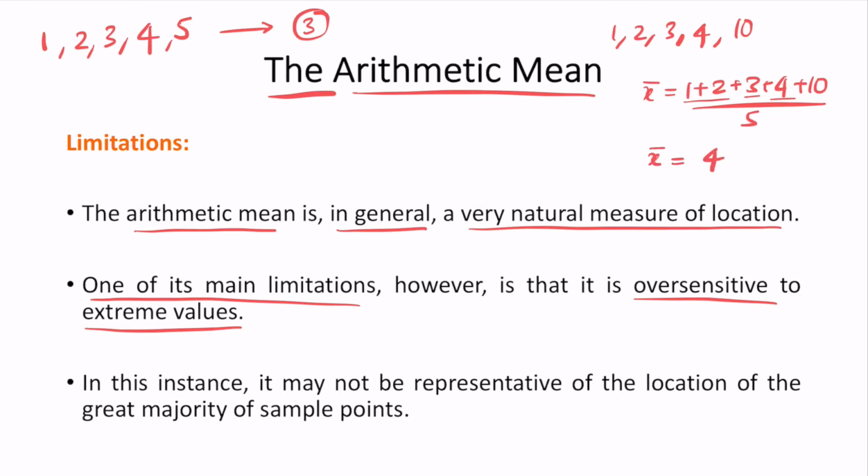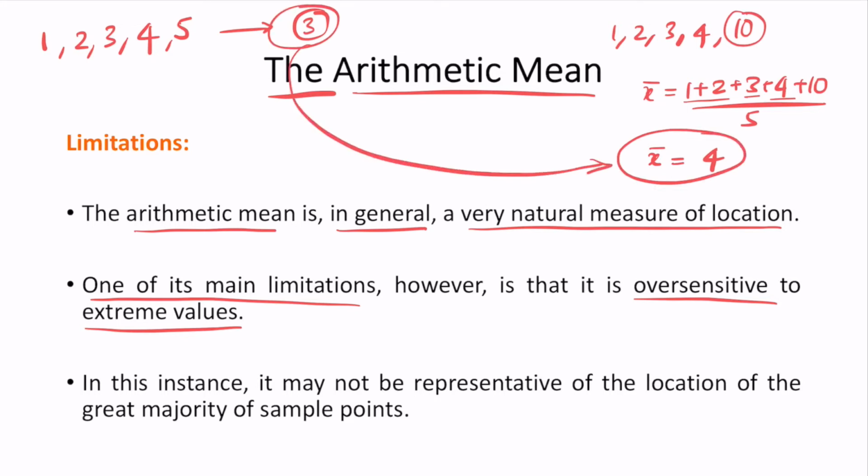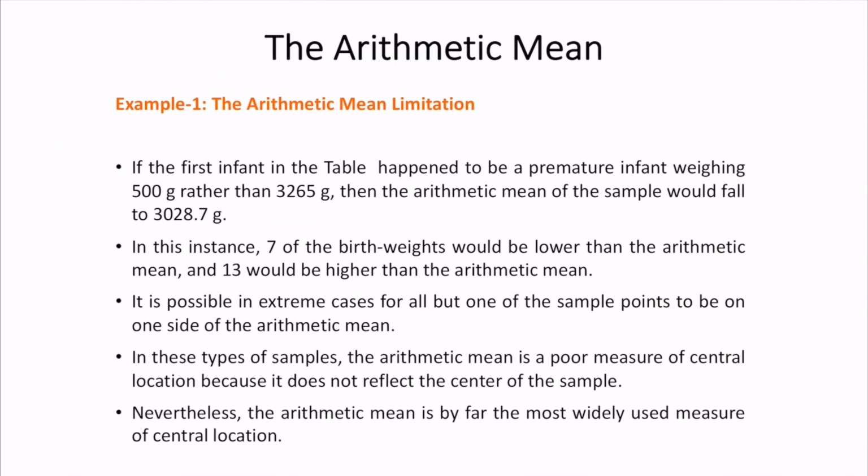Notice that changing just one number, the mean went from 3 to 4. This is why we don't use the arithmetic mean very often. In this instance it may not be representative of the location of the great majority of the sample points. This is one main limitation of the arithmetic mean.